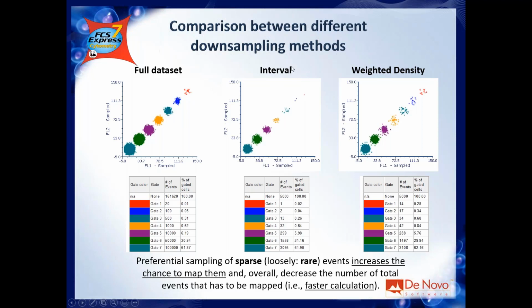Now, if you perform interval sampling or random sampling, doesn't matter. You see here, if you sample 5,000 events, which are few, you only sample, if you're lucky actually, 1 cell from the red one and 2 cells from the blue one.